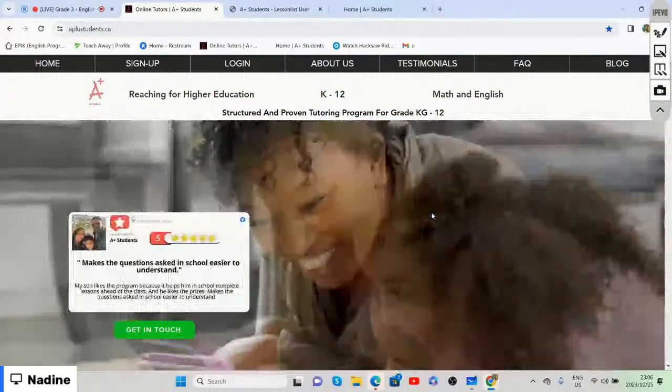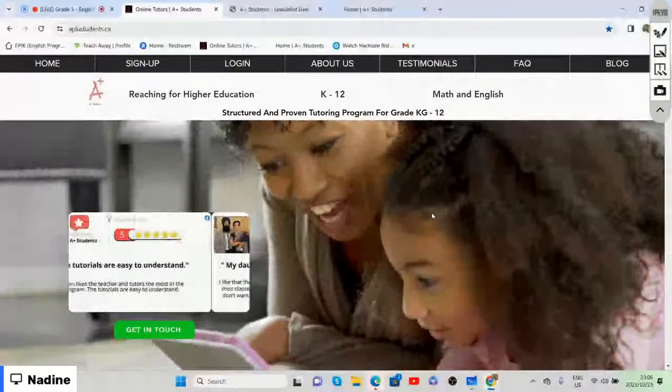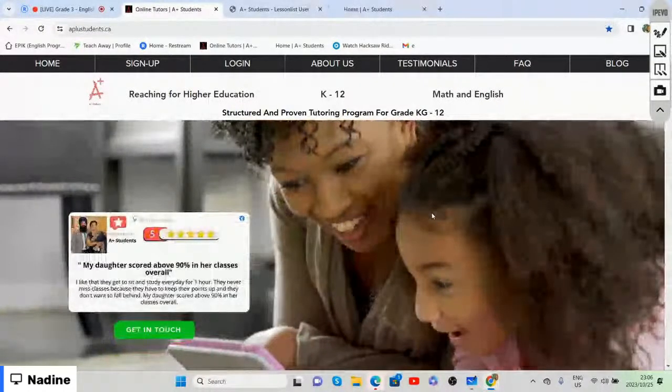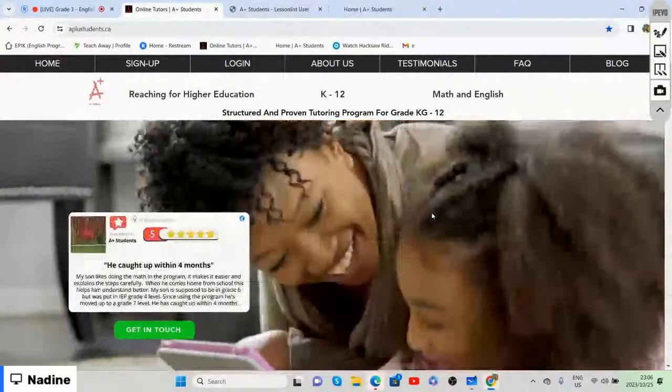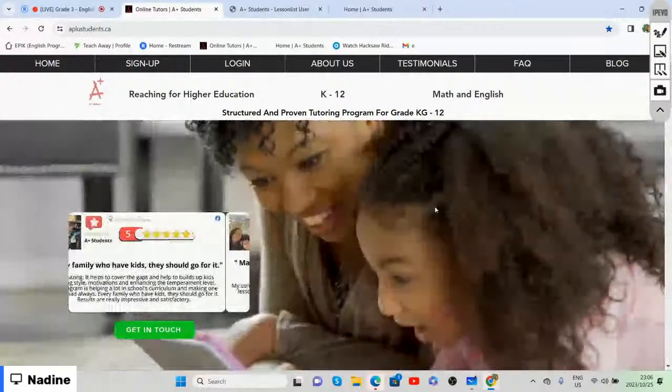Then we're going to scroll down until we get to the chapter of prefixes and suffixes.